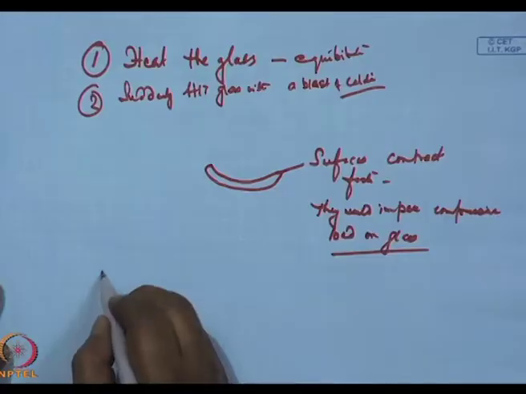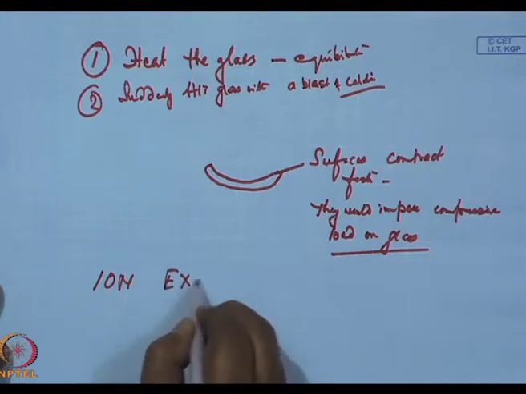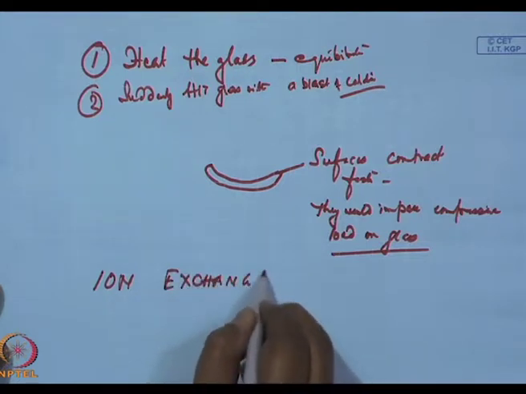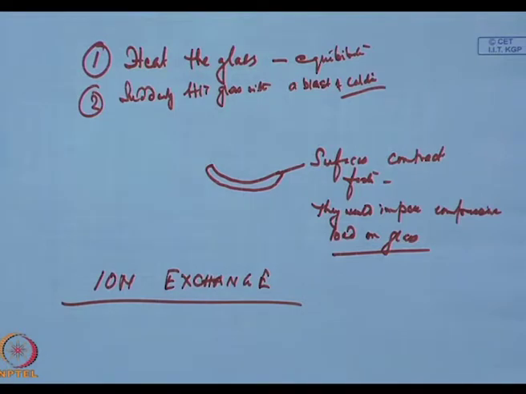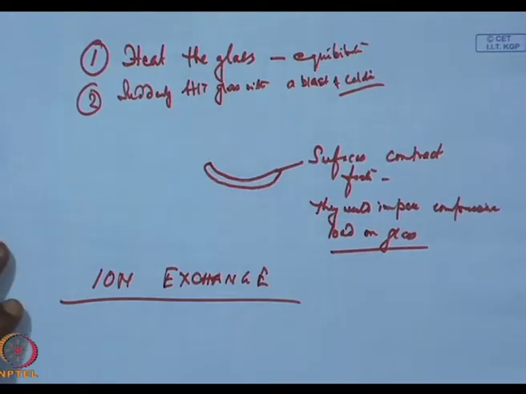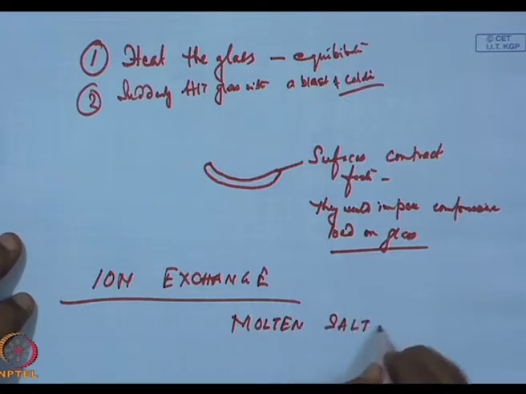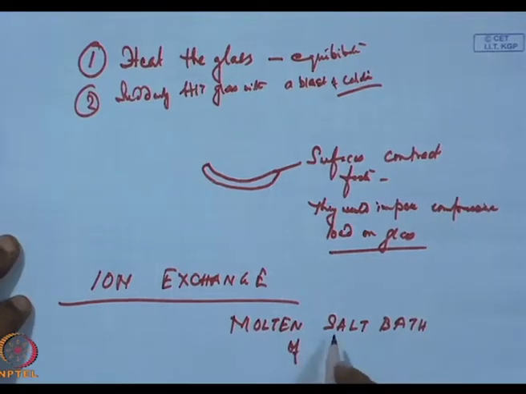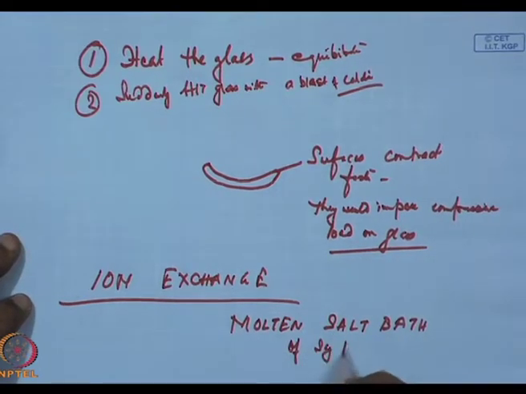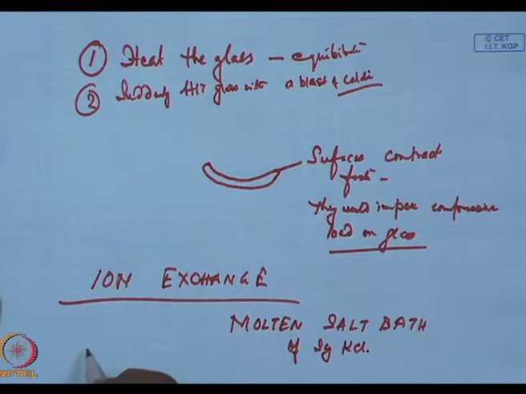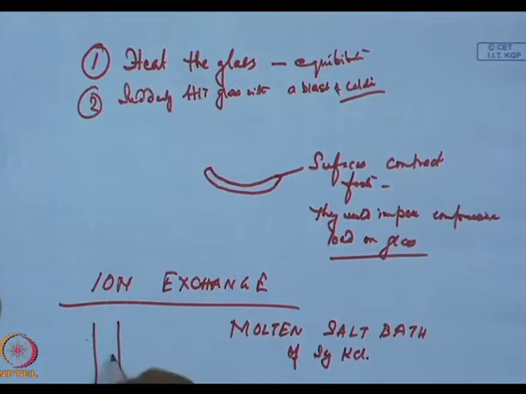Another way is ion exchange. The same thing can be done, that is, it is immersed in a molten salt bath of, say, KCl. What happens is this: if this is a glass surface, there are sodium ions inside.